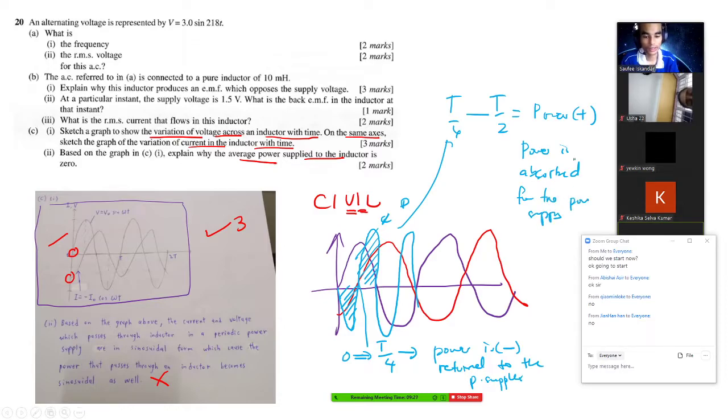Now it is absorbing the power back. So we have two cycles. The first cycle is returning the power, and then it is absorbing. So the mean power, because it's a mean, right? It's average. It will be 0. So that's it. Okay, that's the way to answer this kind of question.